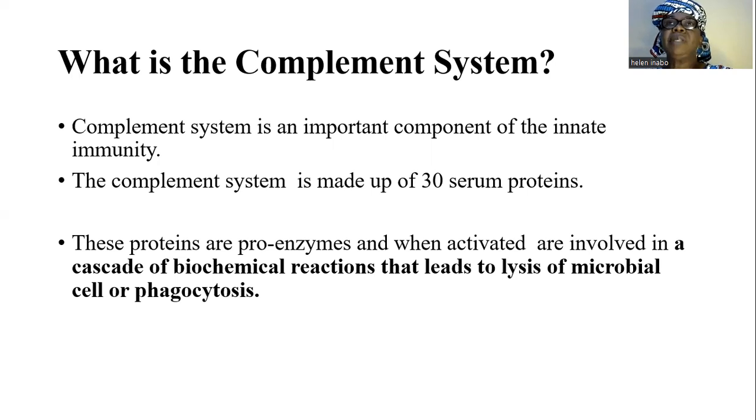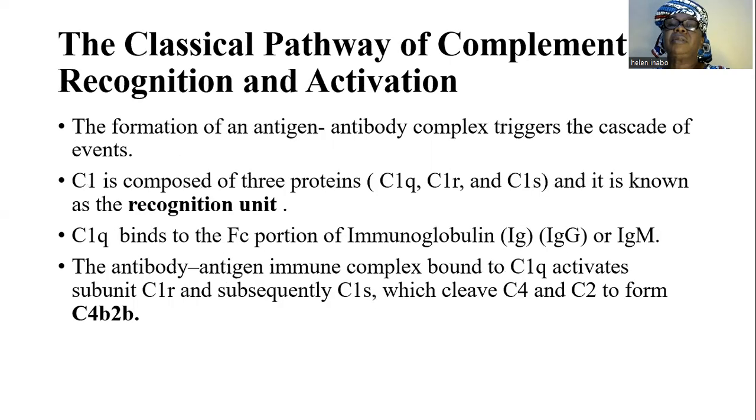Phagocytosis has been discussed in another video, and I'll encourage you to watch that video for full understanding of phagocytosis. There are three pathways of complement recognition and activation leading to effector functions of the activated components.